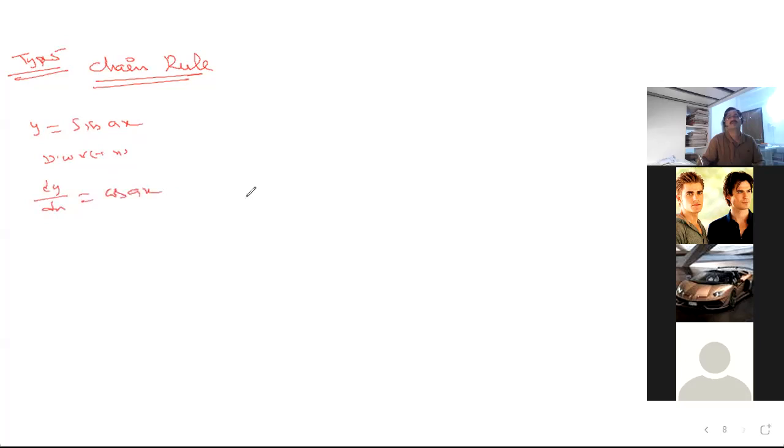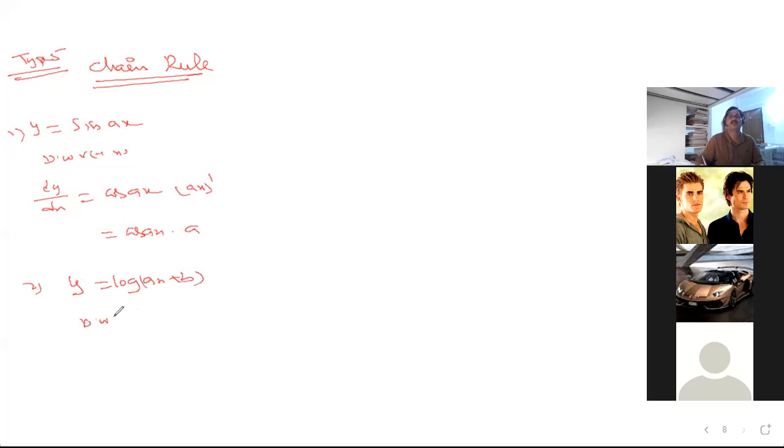You have to write that. But the problem is not completed. Internally, it is not x, it is something else. You have to differentiate that. What will you get now? cos ax into a. Is that clear, sir? I'll give one more example. y is equal to log(ax plus b).